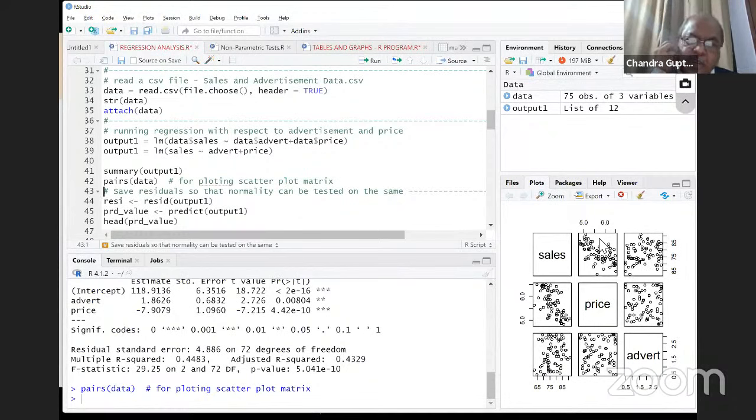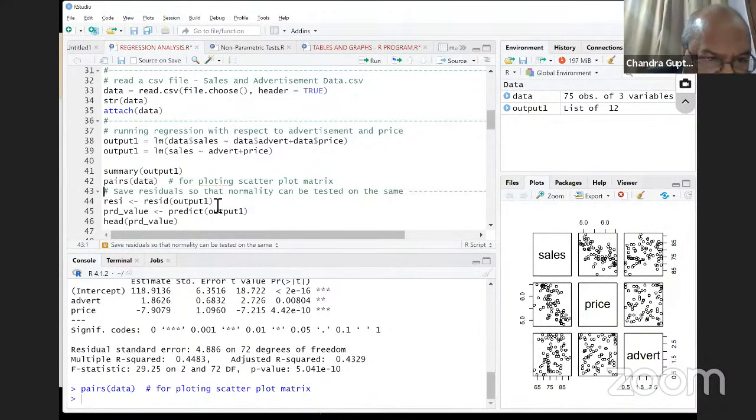Kavita, I have to check what command we have to use for calculating robust errors. I'm not sure about that particular command, but I'm sure there should be a mechanism to calculate robust error.